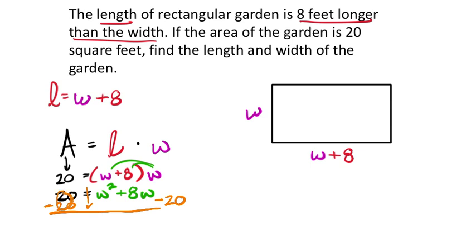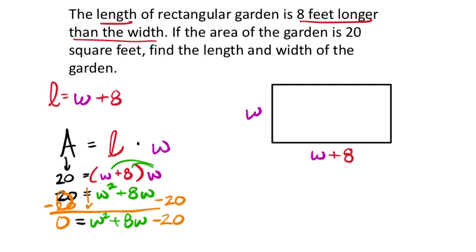So that's going to be 0 right there. I've zeroed out my 20 on the left. Now I have the equation W squared plus 8W. Now again, those are not like terms that I can combine, and I can't combine either of those with my minus 20. So this is my equation right here that I need to now solve.